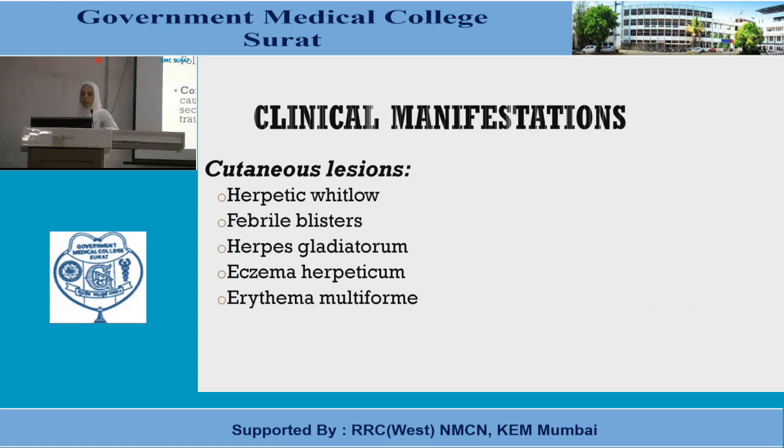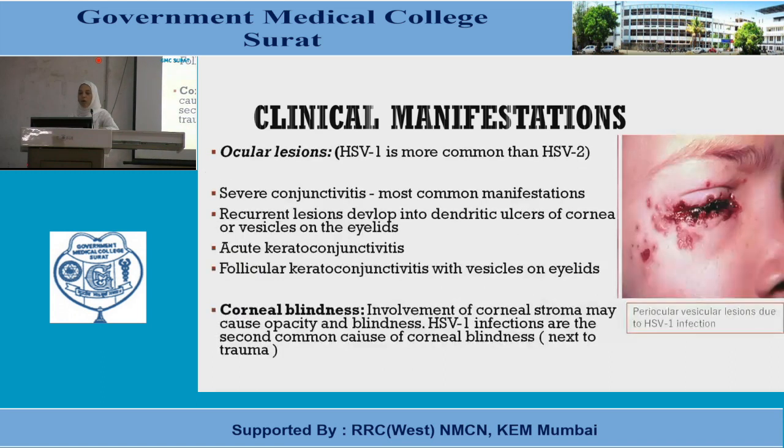Looking at the photograph, you can see this lesion is an ocular lesion, which is more commonly caused by herpes simplex 1 than herpes 2, causing severe conjunctivitis. Recurrent lesions develop into dendritic ulcers of the cornea or vesicles of the eyelid, which are a concern.